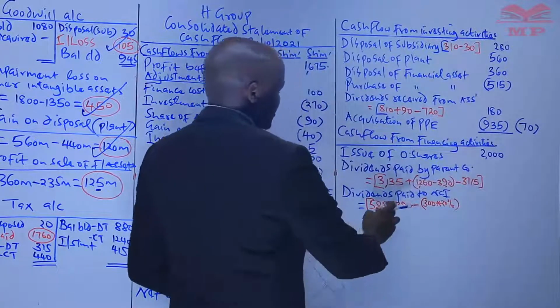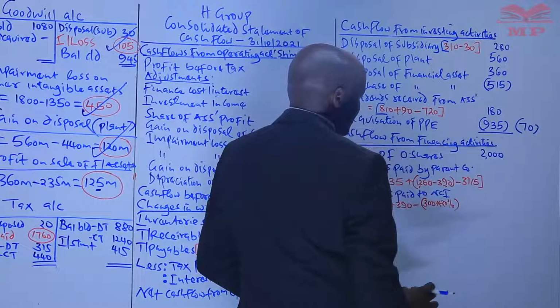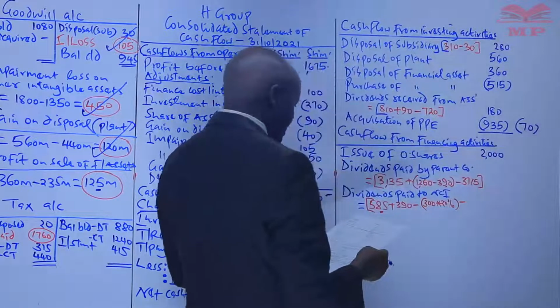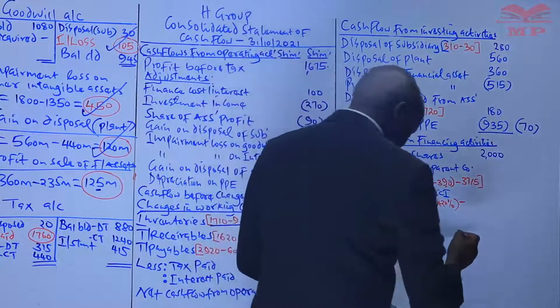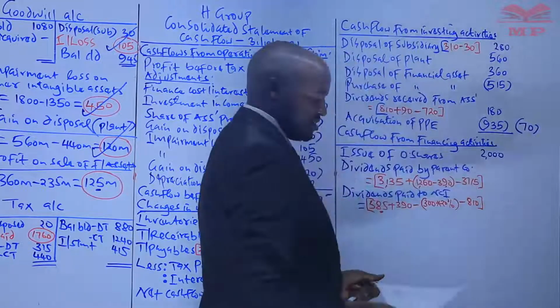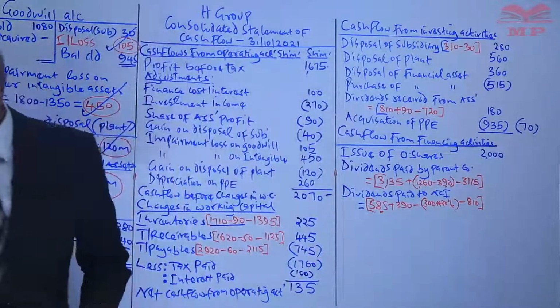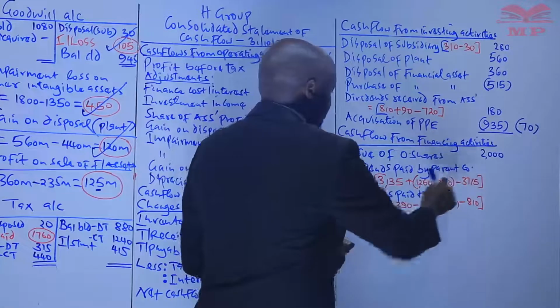So we take the NCI at the start plus the share of profit minus the share of net asset in the subsidiary disposed minus the NCI at the end of the year. The NCI at the end of the year is 810. Now that will give us the dividends paid to NCI, to minority shareholders. So let's first of all start by computing this.